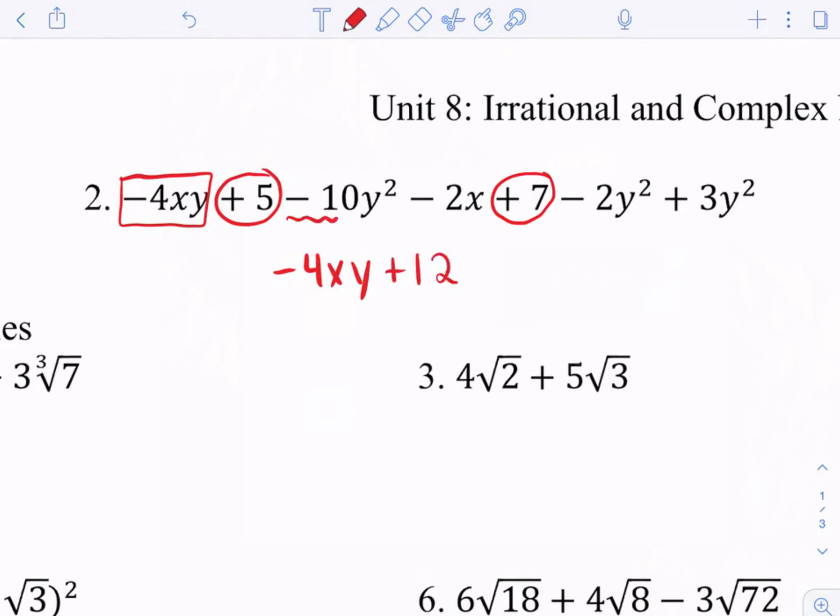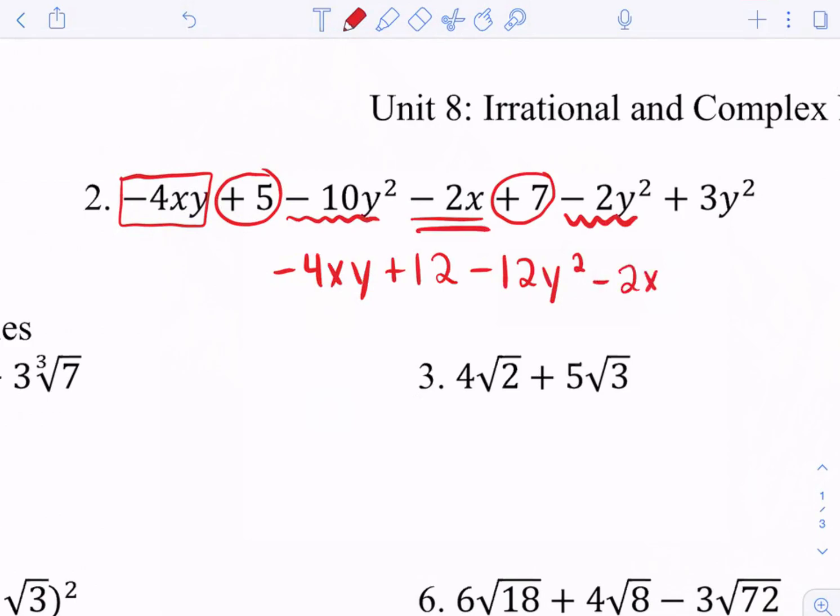And then here I have a negative 10y squared and a negative 2y squared, so negative 12y squared. And then if you look here, I have a negative 2x, but nothing to combine with it, so it comes down.